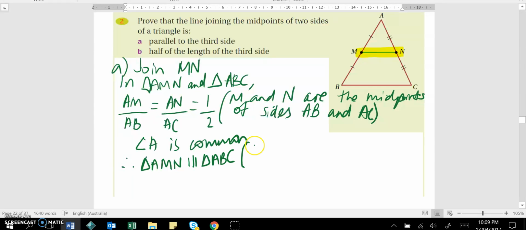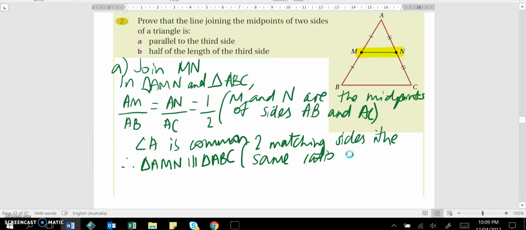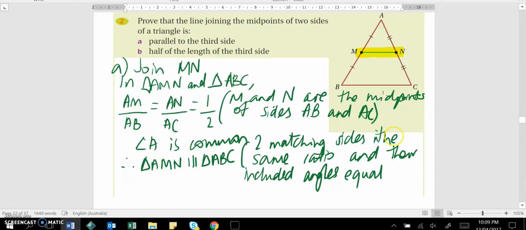And my reason is two matching sides in the same ratio and their included angles equal. Okay, so that's the first bit there. And that shows me that for part B then, MN is equal to half BC.